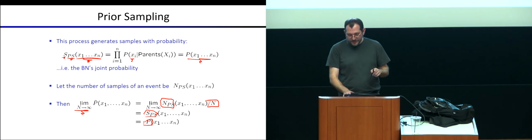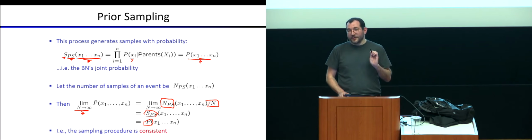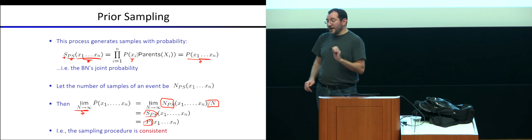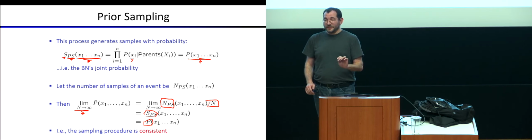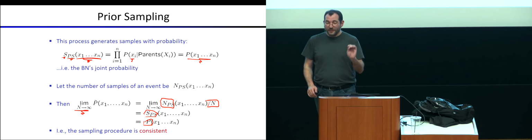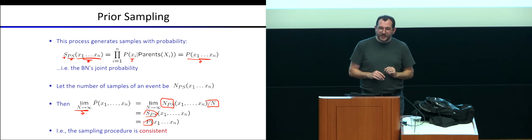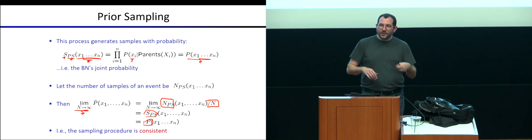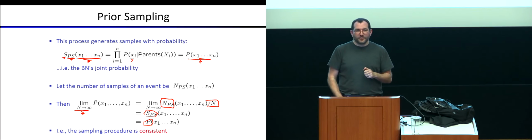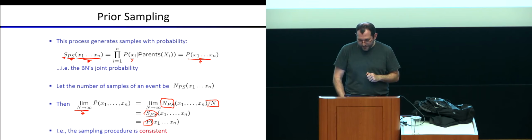What this means is the sampling procedure is called consistent. You may have noticed that in every unit, we use the word consistent, and it always means something different. This is what consistency means here. So we say a sampling procedure is consistent if the ratio of the samples in the limit goes towards the actual distribution that we're trying to sample from.